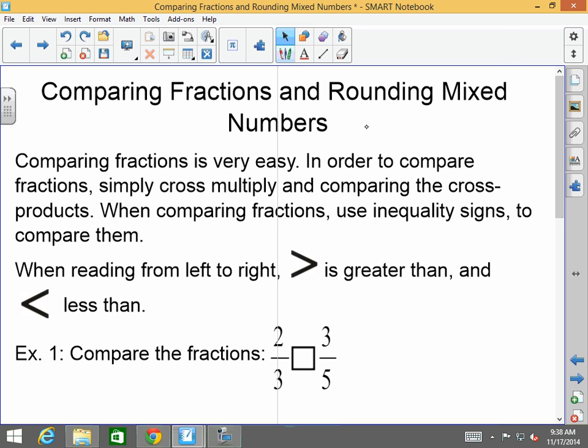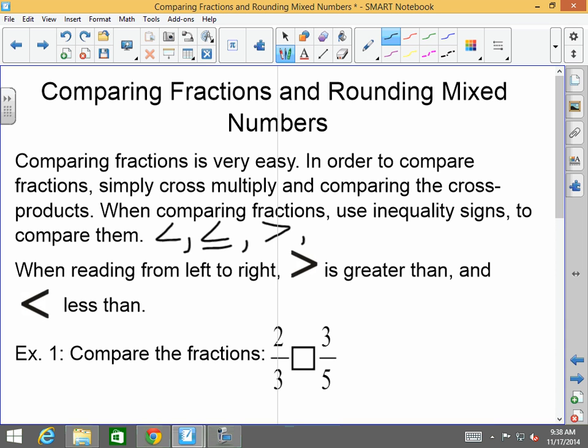Now, please remember that for inequality signs, you have less than or equal to, greater than, or greater than or equal to. When you're reading from left to right, this one right here is greater than. And when reading from left to right, this is less than. Remember back when you were in elementary, the alligator eats the large number. That's another way to think about inequalities.